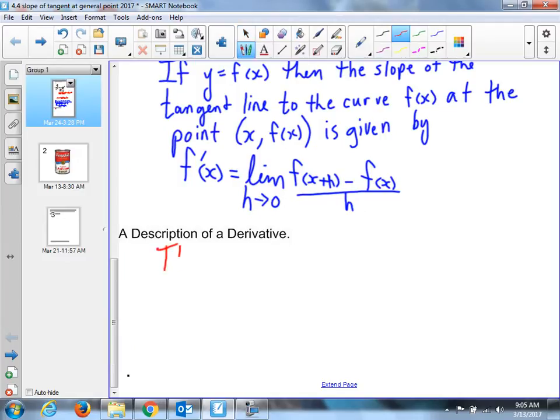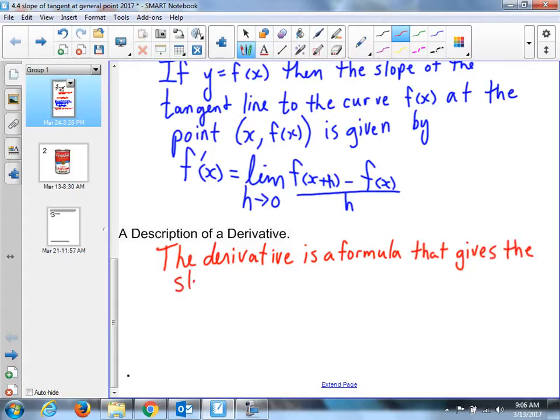And this is just a descriptive thing. Formal definition: the derivative is a formula that gives the slope of the tangent line to a point on a function.